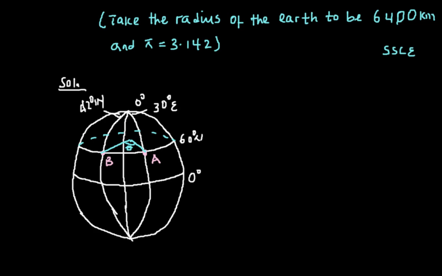So it means that the length of an arc is theta over 360 times 2 pi. But in this case, because we have a small circle, it will be small r. Does that make sense? So let's write the formula below here.